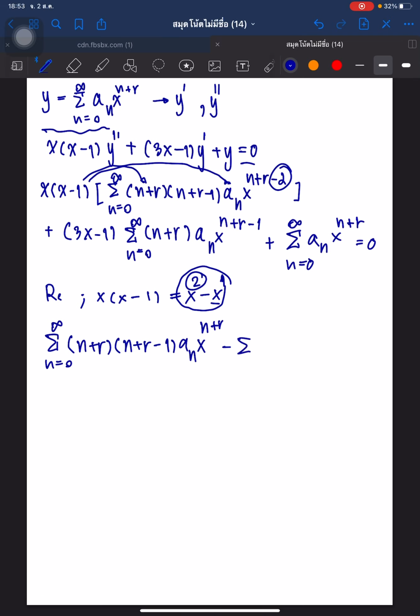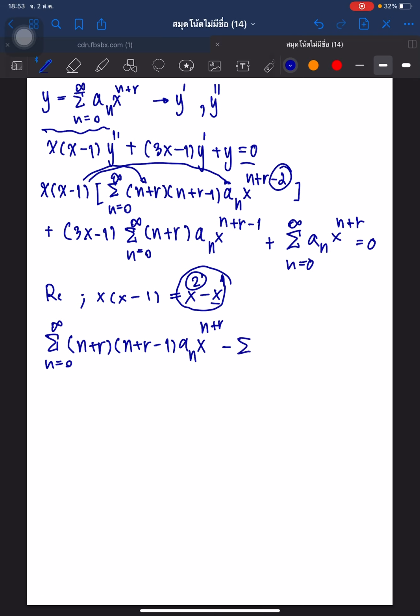Okay, after that we see the variable has two parts, with exponents of x being n plus r minus 1 and n plus r. After that we group the same terms.